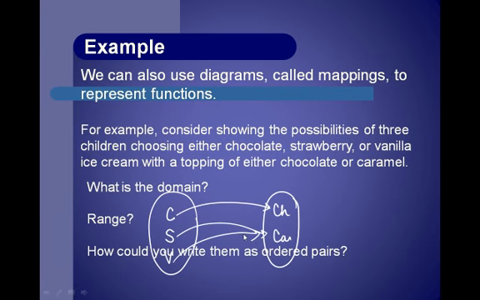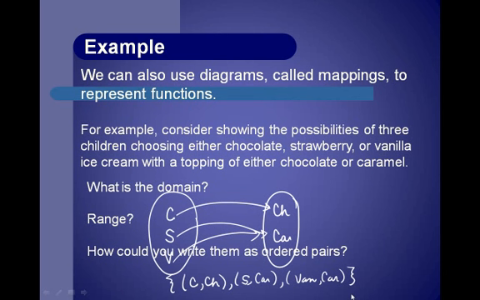So for those 3 children, we would write this as the ordered pair: chocolate, chocolate topping, comma, strawberry with the caramel topping, comma, vanilla with the caramel topping. There's lots of options here, but that's how the mappings work, is you would just show your choices based on the drawings with the arrows.